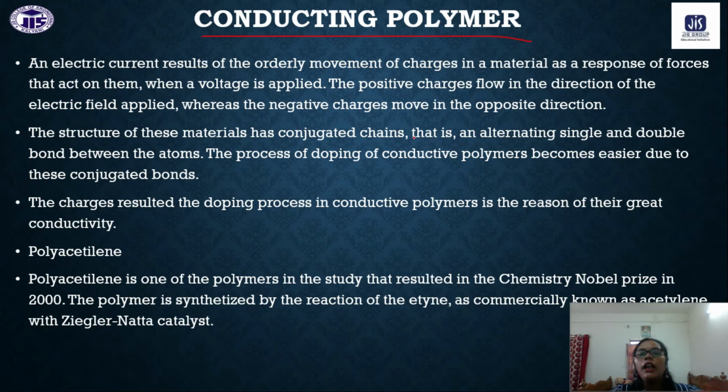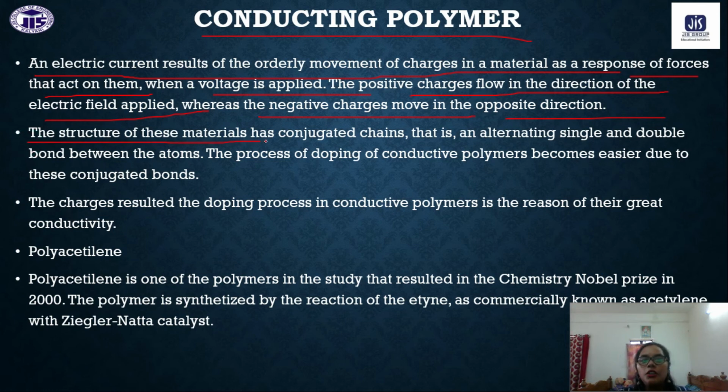Okay, so this is the conducting polymer, and electric current results from the orderly movement of charges in a material as a response to forces that act on them. When a voltage is applied, the positive charges flow in the direction of the electric field applied, whereas the negative charges move in the opposite direction. The movement of the electron will be in the opposite direction of the positive charge.